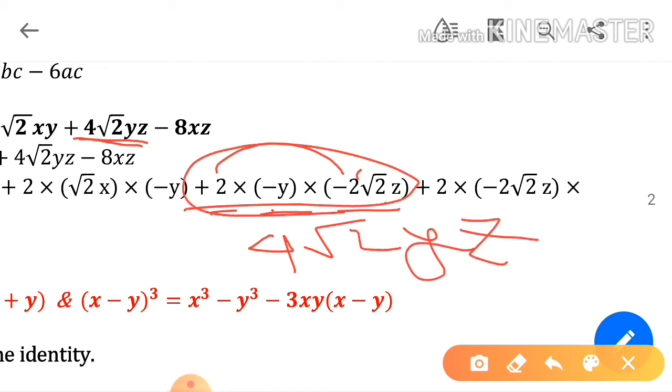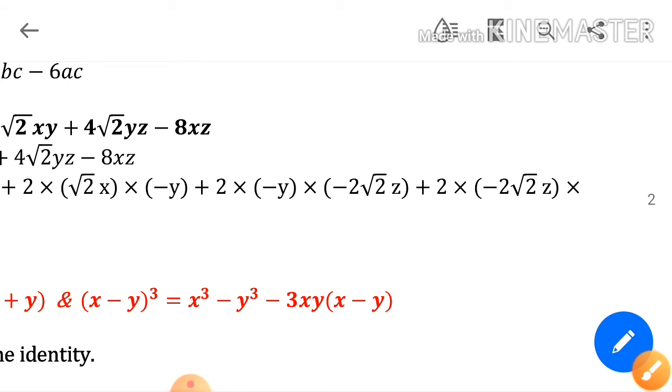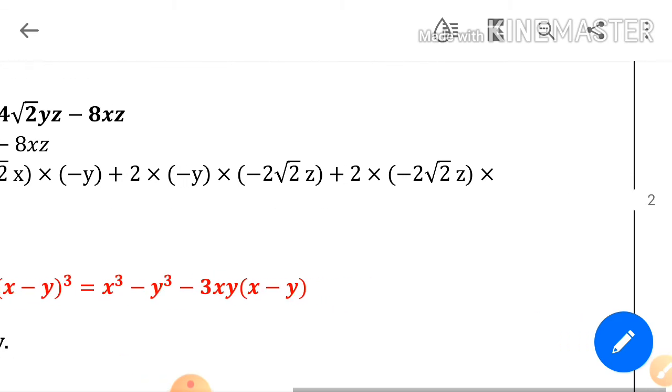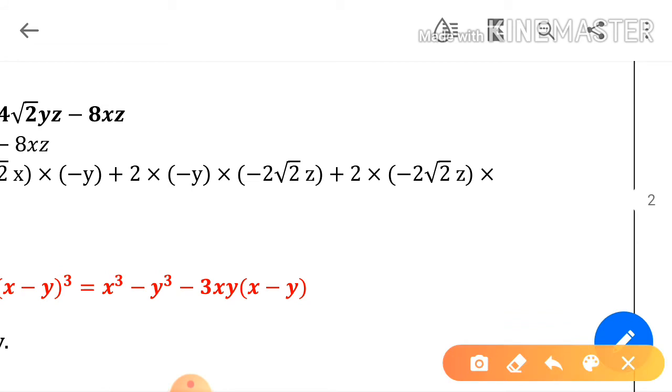Now the last term, I have missed writing x here. Oh sorry, I have missed it. Here will be a root 2x. Okay, note it down. Here will be a root 2x.